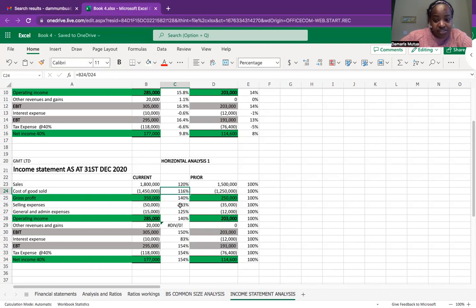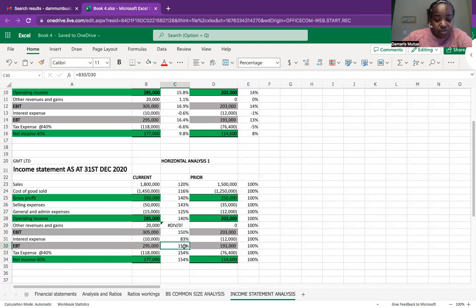Our selling expenses have grown by 43%. Our general expenses by 25%. Our operating income is 140% of the base here. Our EBIT is 150% of the last reported profits.